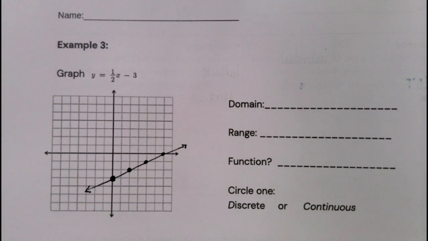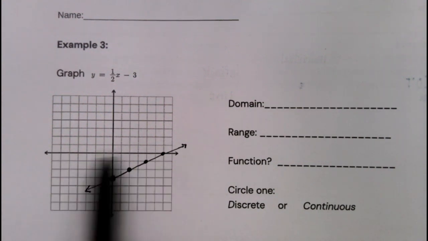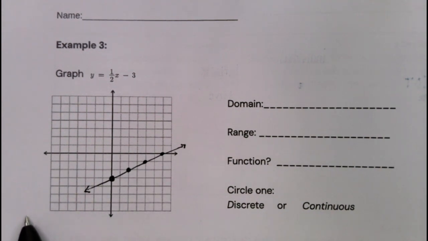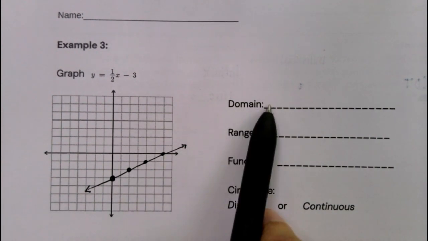All right, so we have a line. What's our domain? Remember what we said about lines a minute ago. What did we say about the domain of lines? It is the x, yes. It's infinite. So would you agree that if we're talking the x-axis, which goes left to right, that this is going to go on infinitely to the left and infinitely to the right?